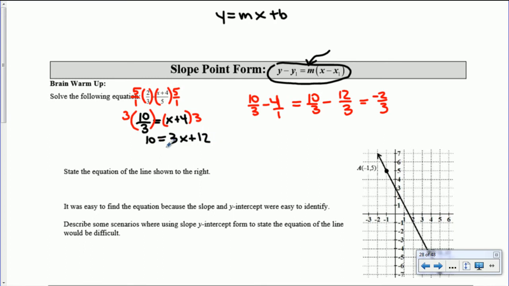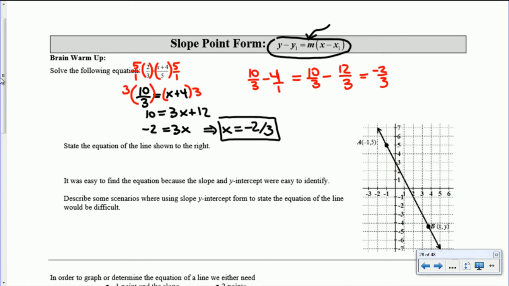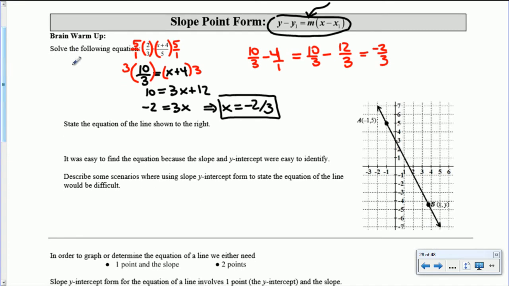Now I subtract 12 from both sides: 12 minus itself is 0, 10 minus 12 is -2. Negative 2 equals 3x, and last I need to divide both sides by 3 to get x on its own, so x is negative 2/3. So there's often more than one way to solve questions like that. As long as you're going through with legal operations, then you should be fine.